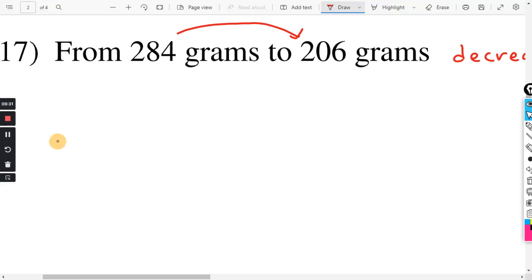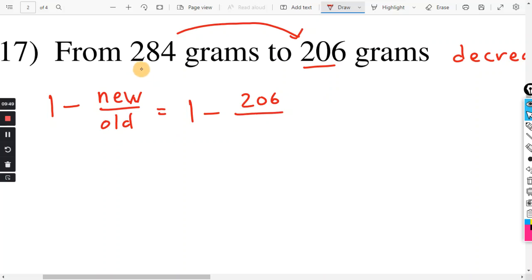So we are subtracting from 1 in this case. All right, we're going to do the new divided by the old. So that's going to be 1 minus the new value, which is 206, divided by the old value, which is 284.